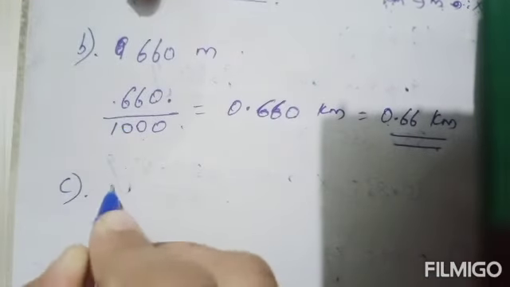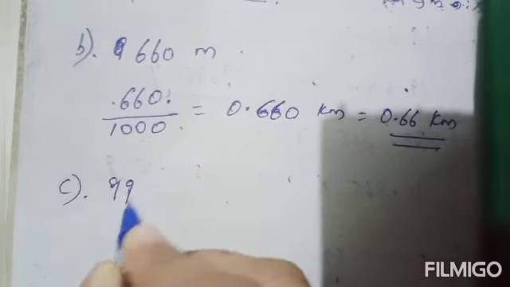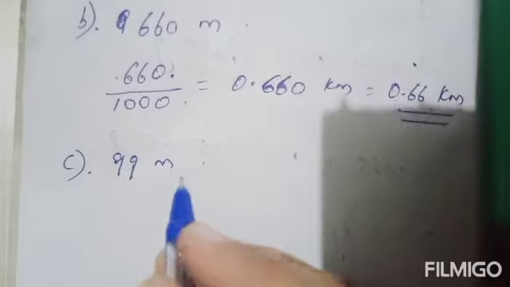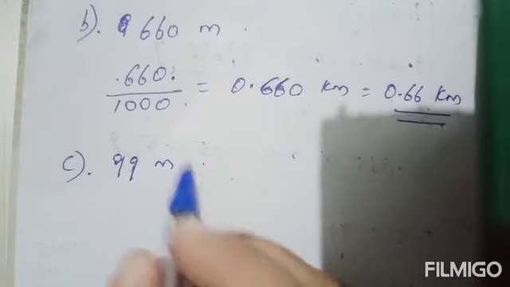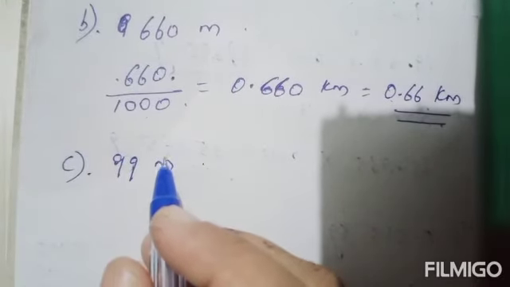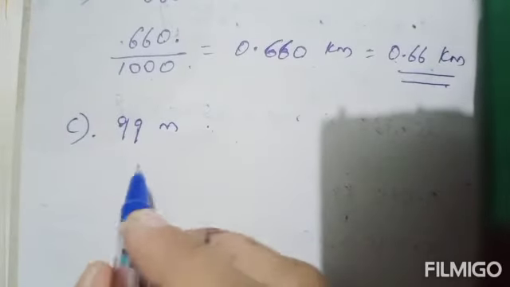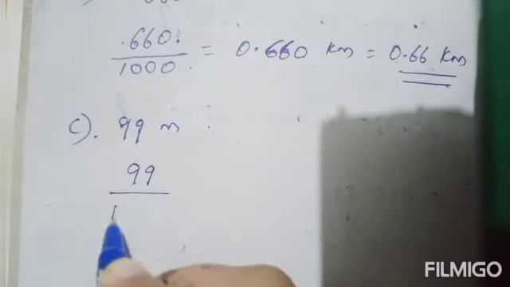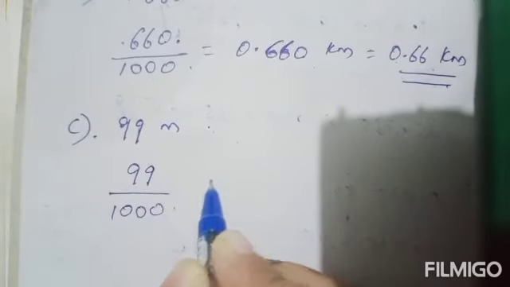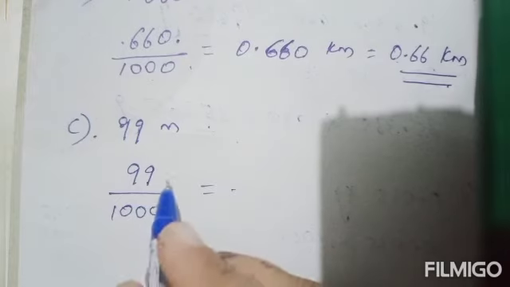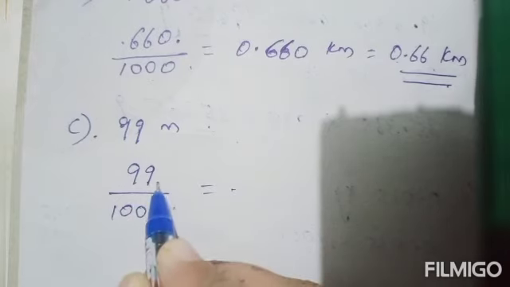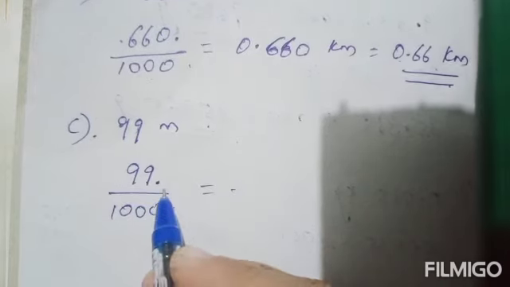Next is C, 99 meter. In order to express meter in kilometer, what to do? Divide by 1000. So 99 by 1000, what will you get? Division by 1000, so the decimal point will move 3 places to the left.